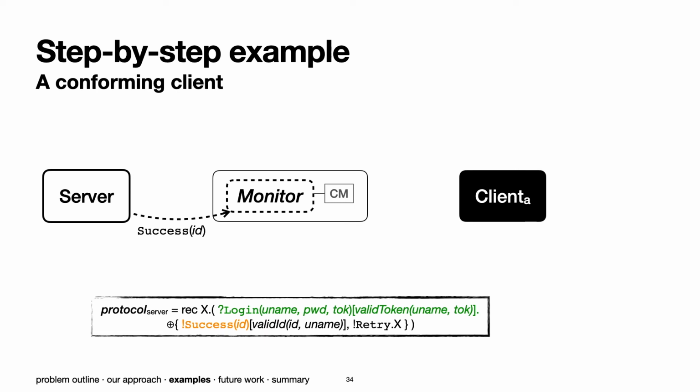The server processes the request, and the credentials supplied by the client are correct, so the server replies with success, including a session ID, to the monitor. Similarly, the function validID is invoked with the username and the ID of the client, which checks that the session ID sent by the server belongs to the particular user, and it also returns true. Therefore, using the connection manager, the monitor translates and forwards the response to the client, and the participants may continue accordingly.